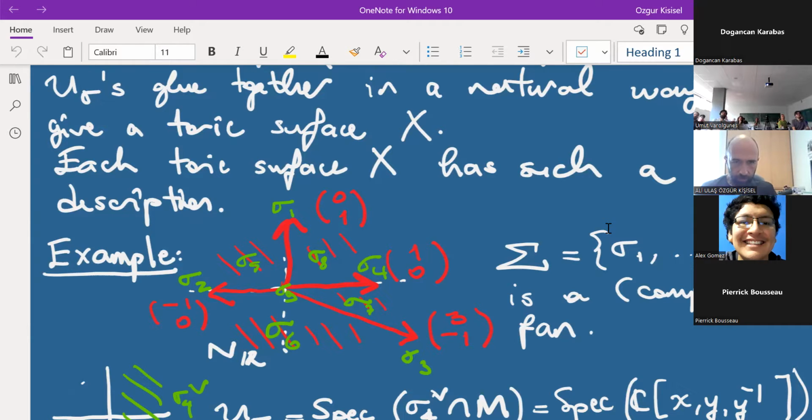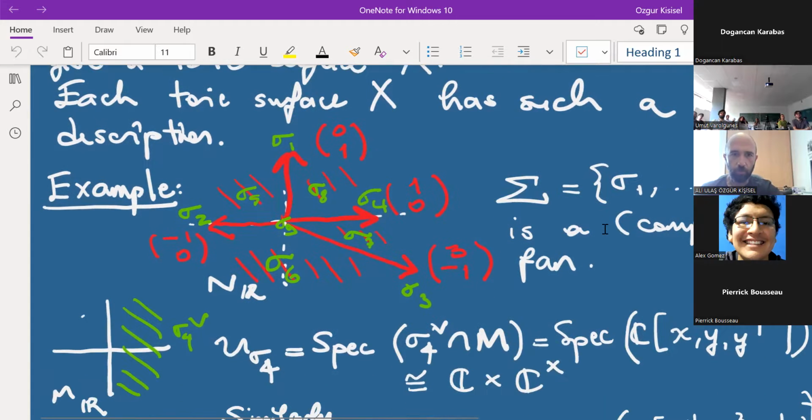But there are other cones too. There are the two-dimensional cones, sigma 5, 6, 7, 8. I numbered them very uncarefully in the opposite way, but that doesn't matter. And sigma 9 is just the origin. So there are 9 cones in the fan, and it is visibly closed under taking intersections and taking faces.